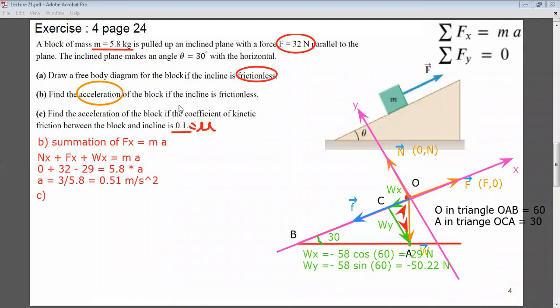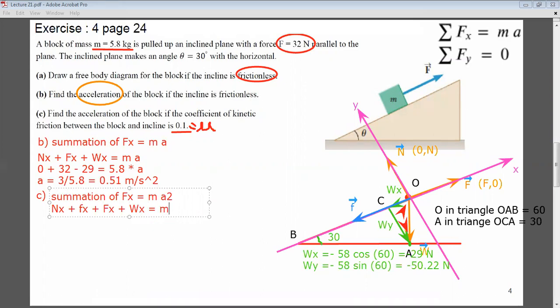Now we need to calculate the acceleration again. So I also have to use Newton's second law, the first one, which is summation of Fx equal to mass times the new acceleration. Let's call it A2. Now, what forces do I have along the x-axis? I have the big Fx now, the friction, and I have Wx.